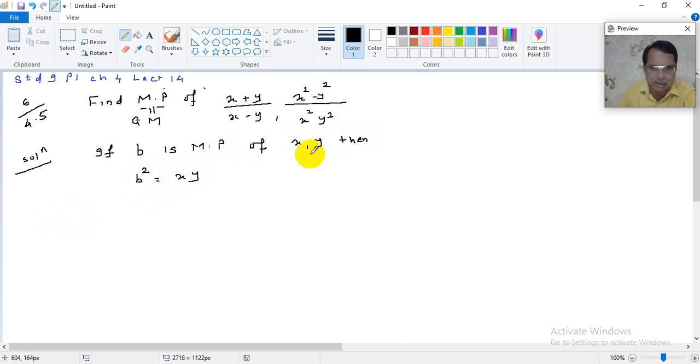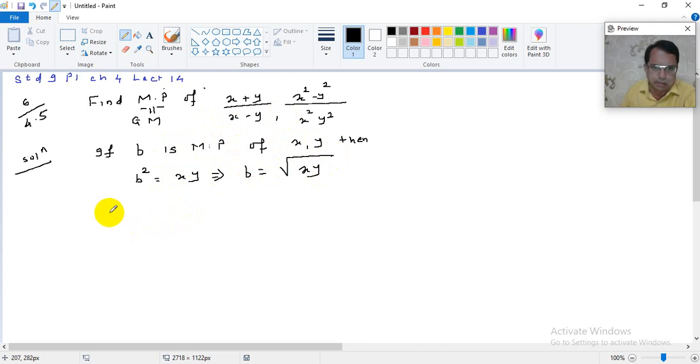बघा x आणि y चा मीन प्रपोर्शनल काय असतो, जर तो b असेल तर त्याचा स्क्वेअर म्हणजे xy, म्हणजेच b, what does this imply, this implies b is equal to root of xy. So what I have to do is take this product and take the root of that, right? So now what?